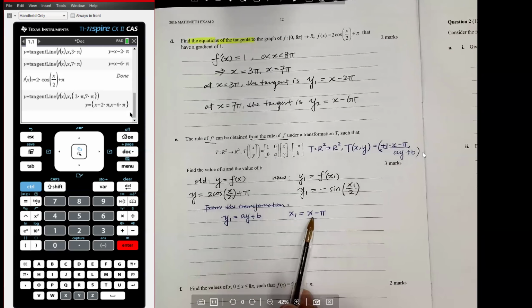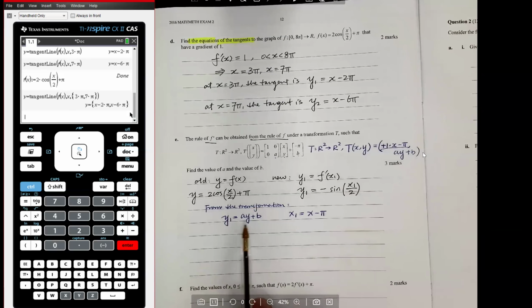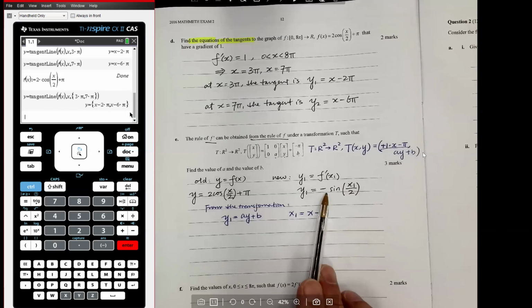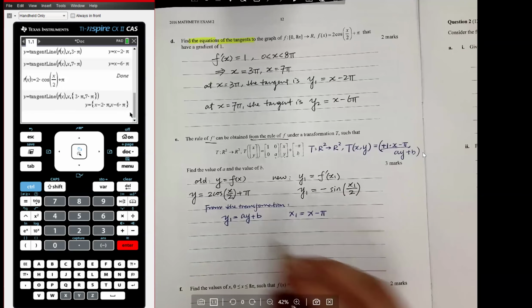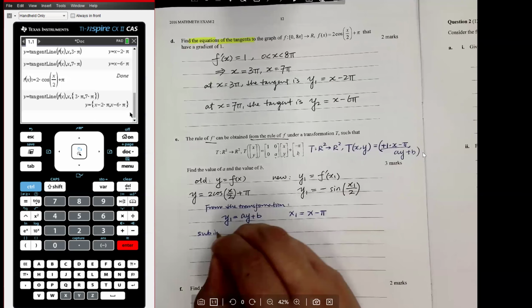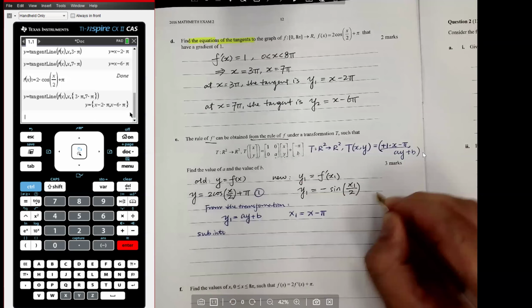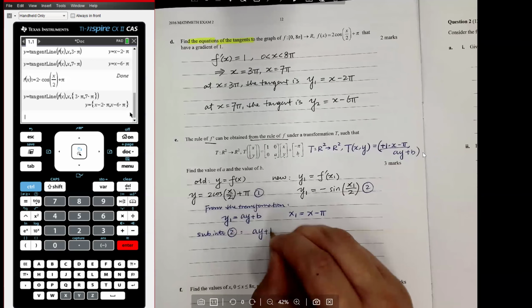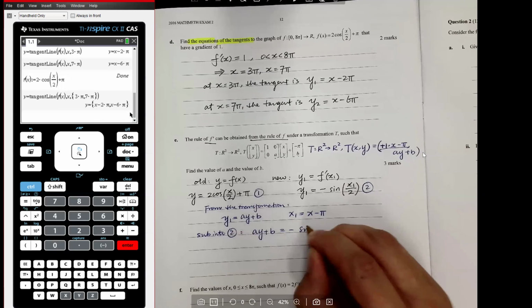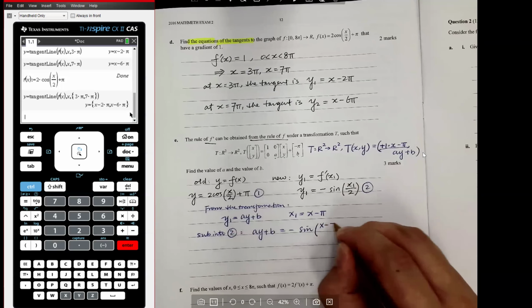Once you get these two equations, the normal textbook approach would be rearranging for y and x, substituting into the old equation, and isolating to get the new equation, for example, isolating y1. But here, if you have the two equations available, you can directly put y1 into here and x1 into here, and still do the reverse mapping. We say sub into equation 2, you will get ay plus b equals minus sine of (x minus pi) divided by 2.